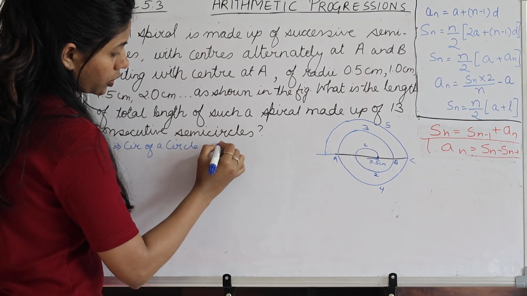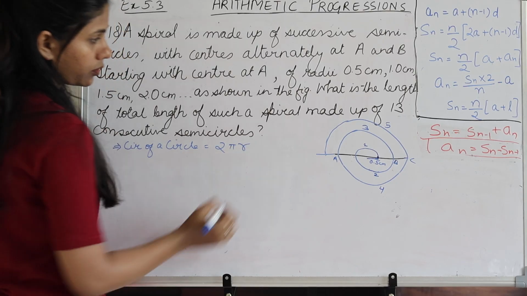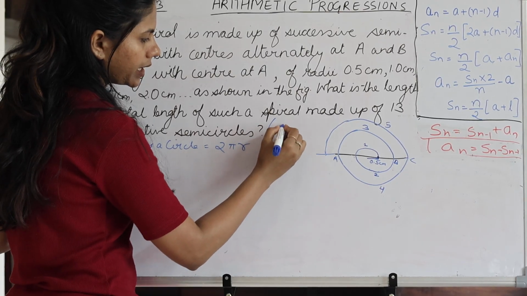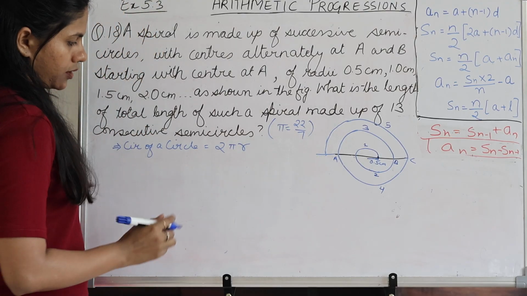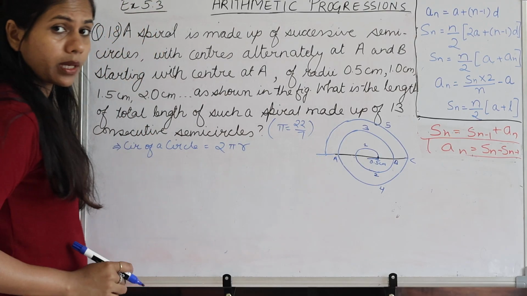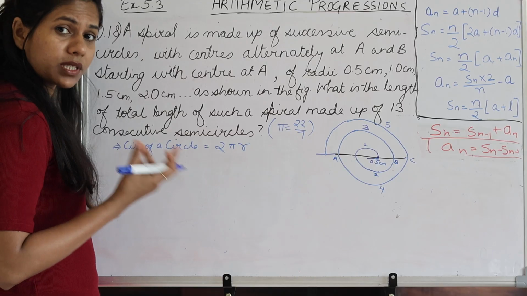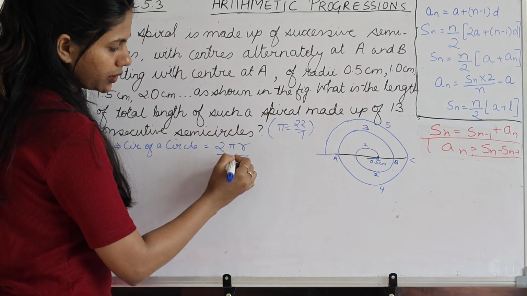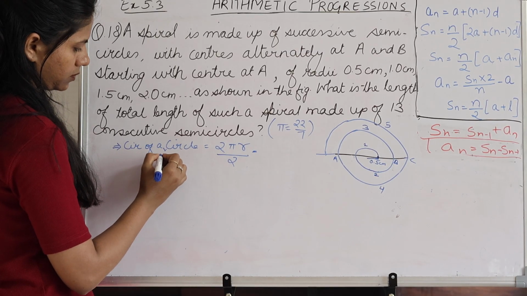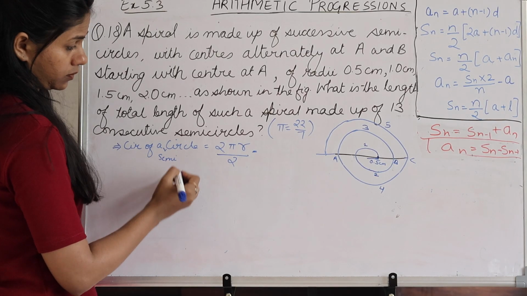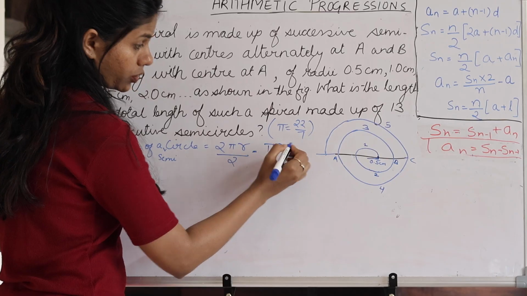It is 2 pi r. Also they have mentioned pi equal to 22 by 7. So what will be the circumference of a semicircle? 2 pi r by 2, which is pi r.